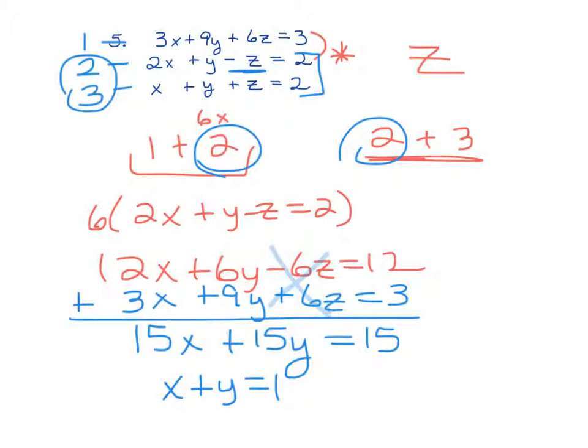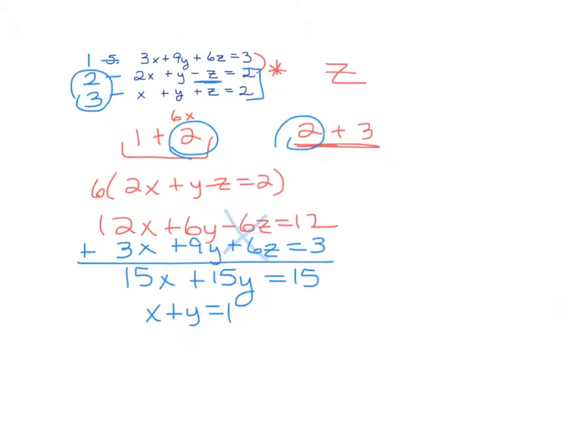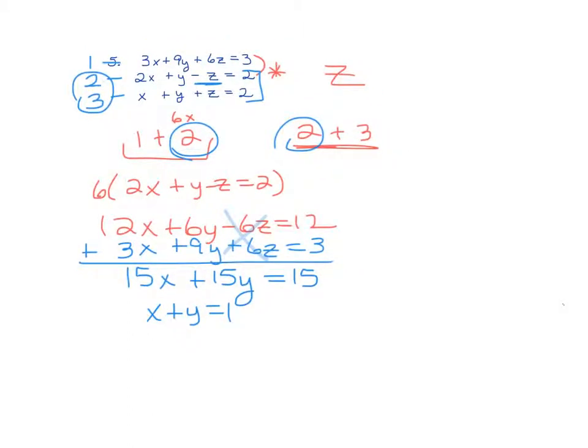All right, now I need to do 2 and 3. Now I'm going to reserve this and I'm going to hold this off to the side for now. Now I need to work with 2 and 3 together. So 2 and 3, I don't need to multiply by anything because my z's are automatically going to cancel when I go to add those. So I'm going to use the original on both 2 and 3.